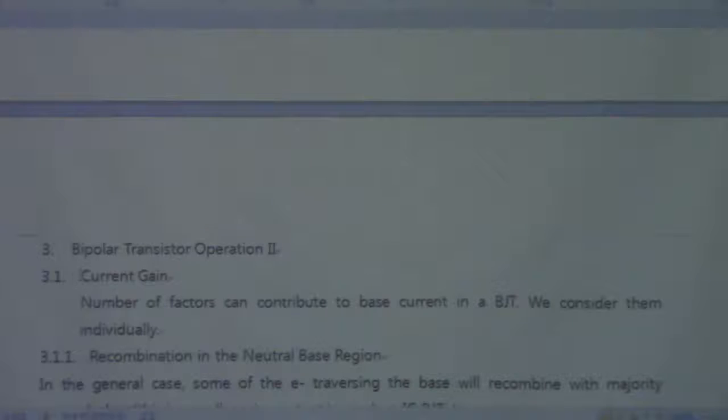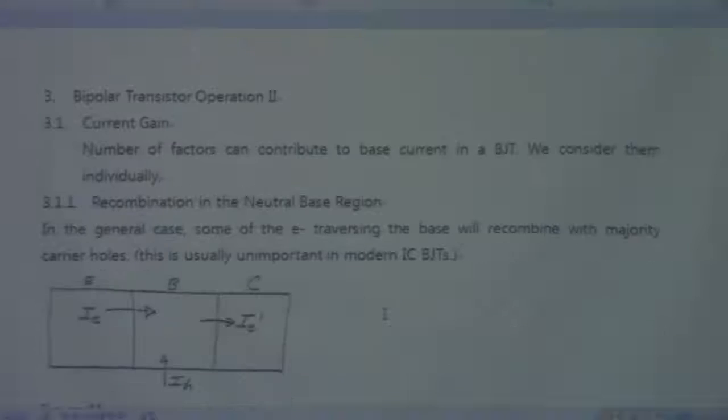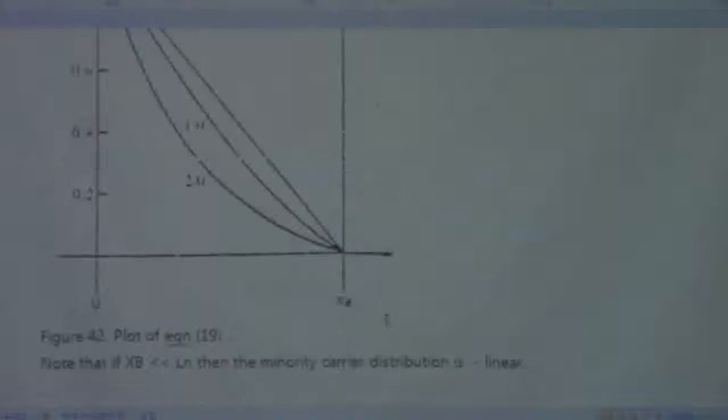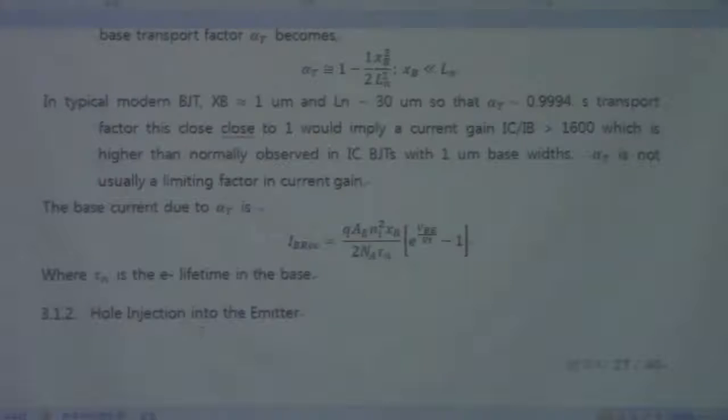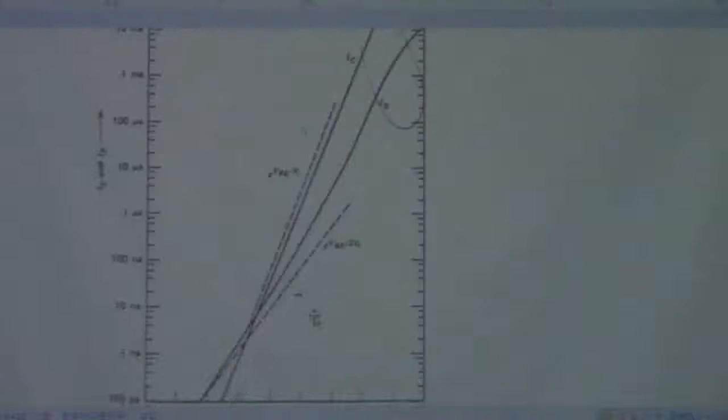The first topic is the current gain, and we have three elements: recombination in the neutral base region, hole injection into the emitter, and finally emitter-base space charge region recombination. Taking all three factors into account, as a whole we end up with this curve.